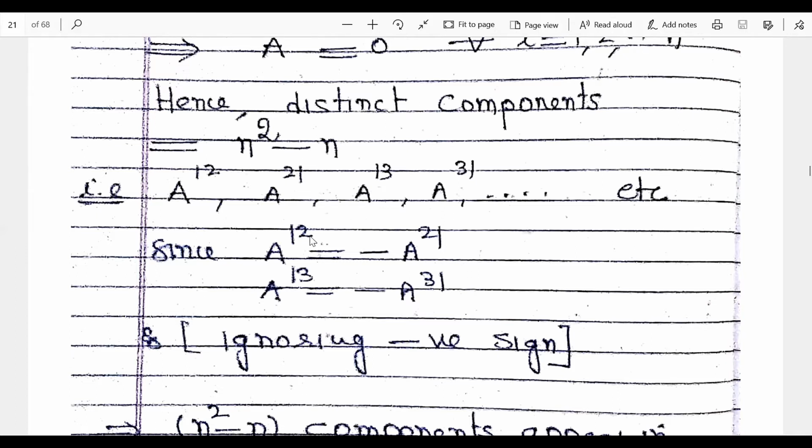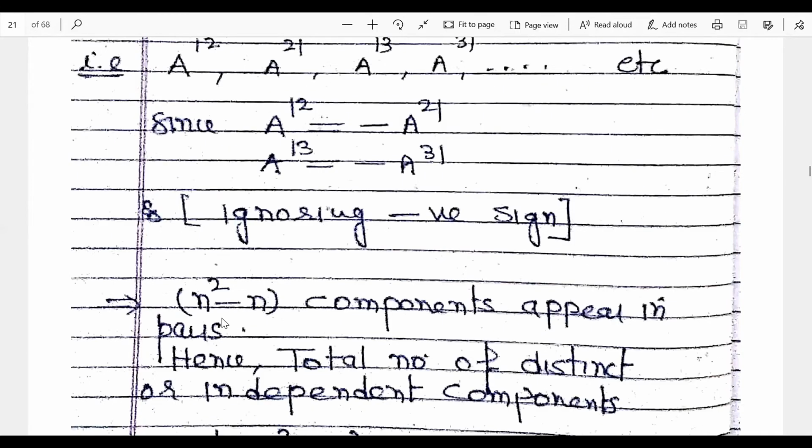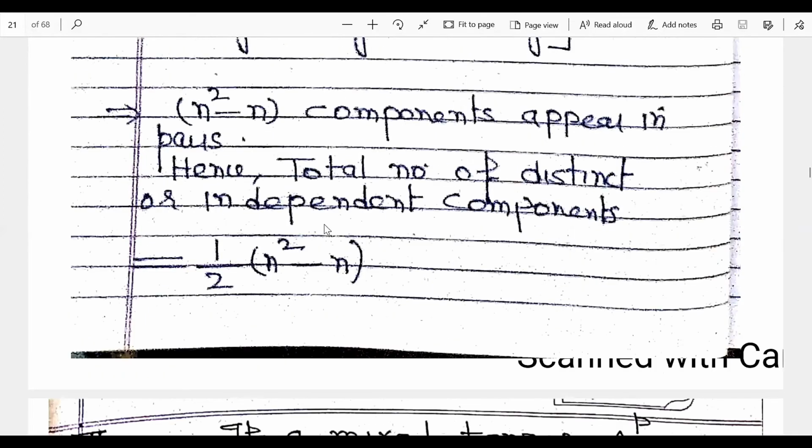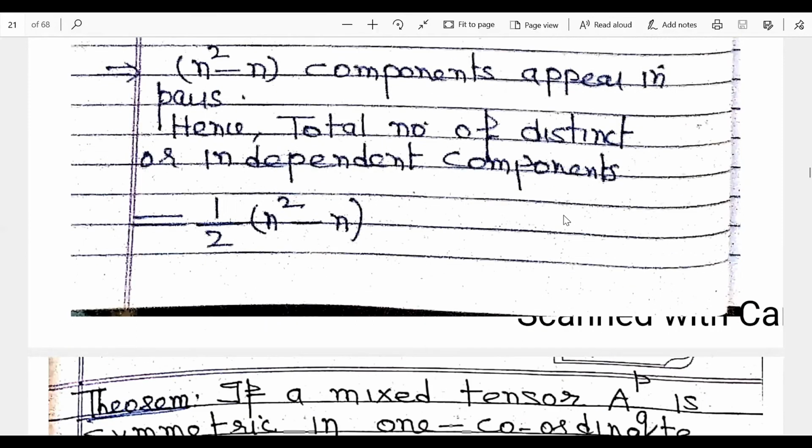If we ignore the negative sign, they are equal, so they are in pairs. The n square minus n components appear in pairs, so the total number of distinct independent components is half of it: 1/2 (n square minus n).